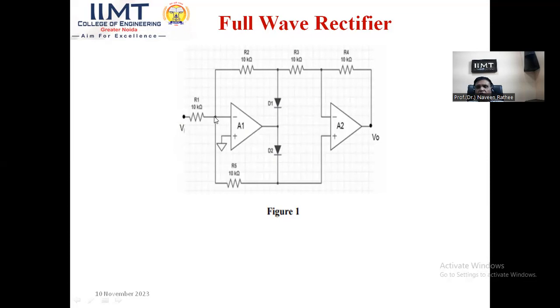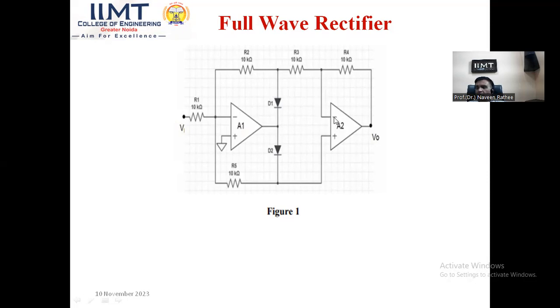In the positive half cycle, the input from V1 goes through A1. The diode is now conducting through this 10 kilo ohm resistor, and the output, which is negative, that is the 180-degree phase shift output, will be available at the inverting terminal of op-amp A2.